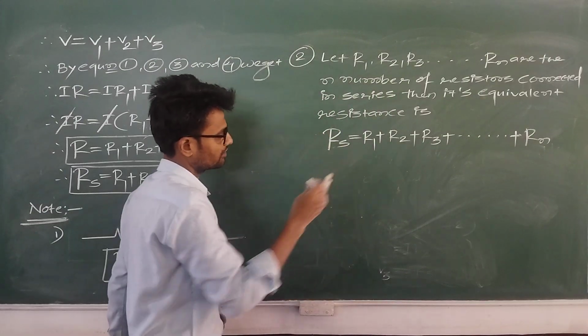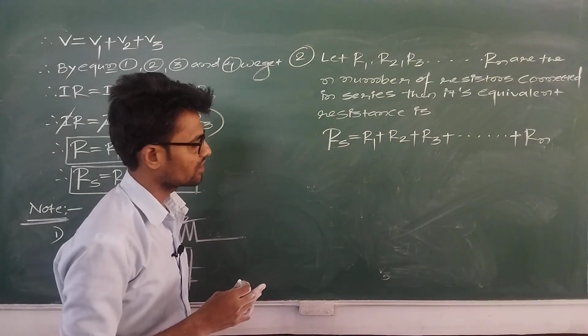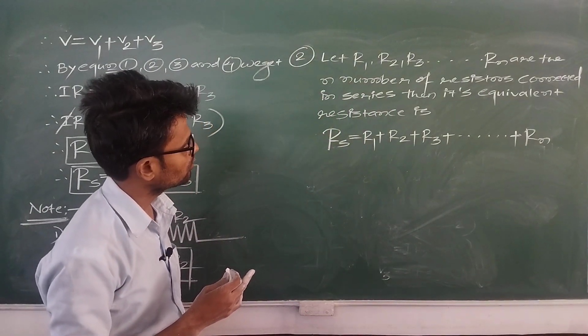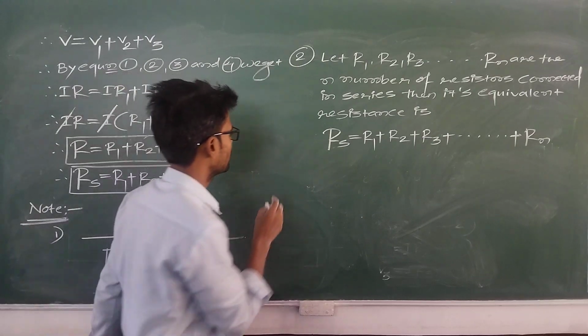So all the resistors are connected in series, hence the equivalent resistance is given by Rs equals R1 plus R2 plus R3 plus up to Rn.